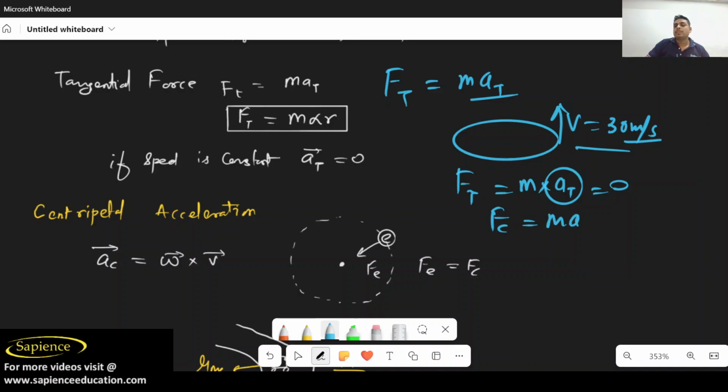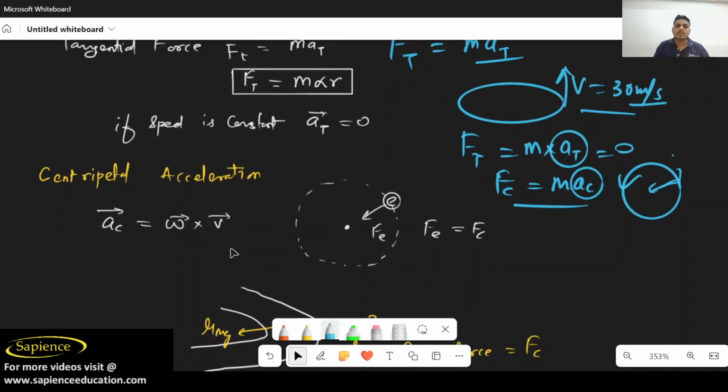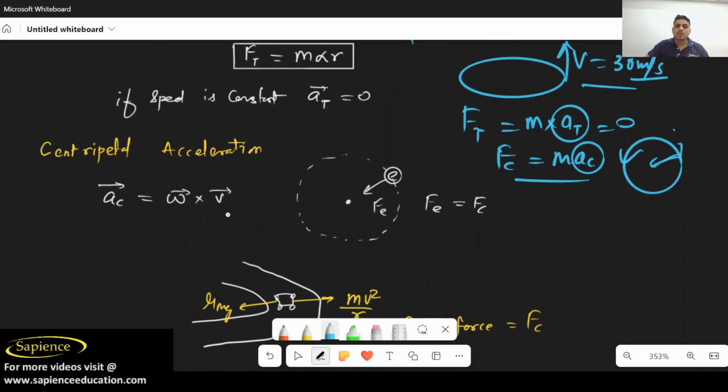Because it is m into AC. The direction of velocity is always changing, so centripetal acceleration will remain. I hope you have understood this centripetal force. Centripetal acceleration can be written as omega cross b, and it will always be changing.